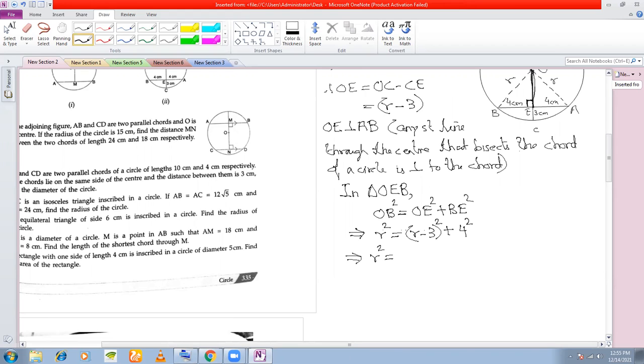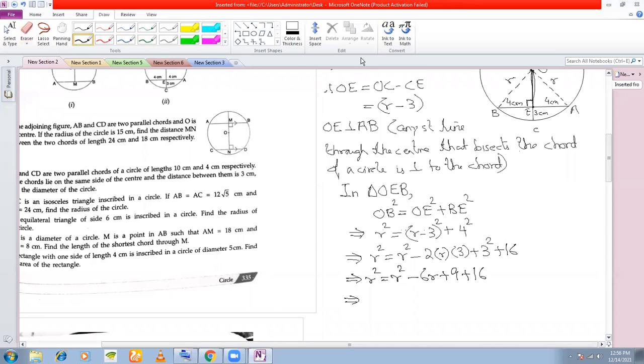R square is equal to, you can expand this, you get R square minus 2 into R into 3, plus 3 square, plus 4 square. Let's write it as 16. So you get R square is equal to R square minus 6R plus 9 plus 16. Okay. Now you take all the R's on one side.